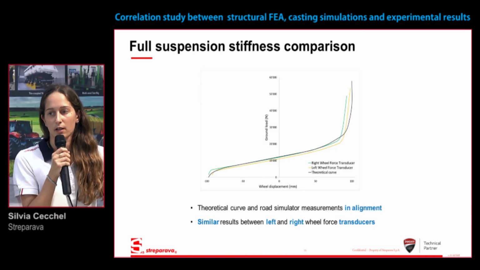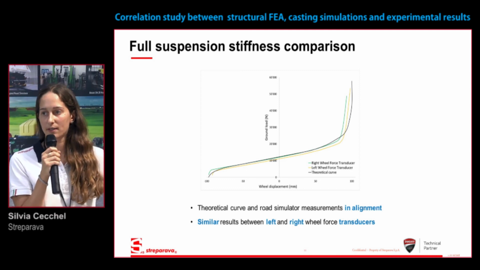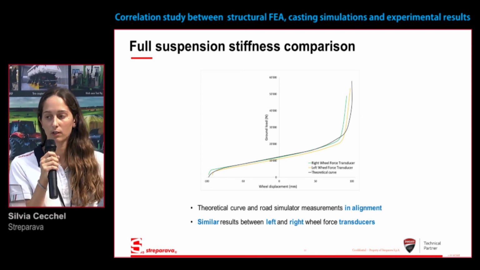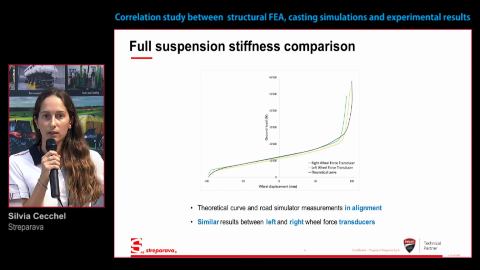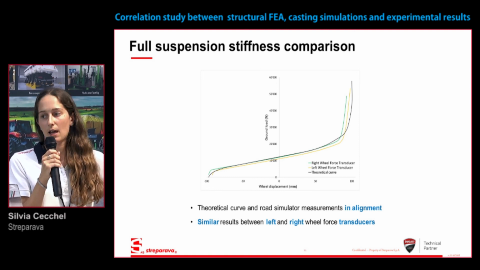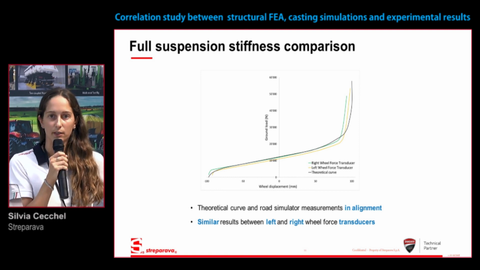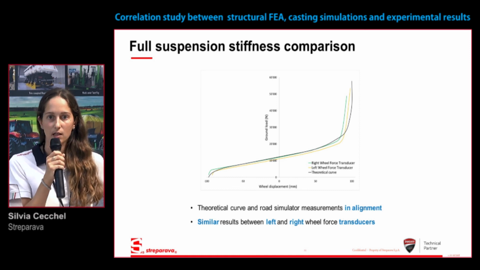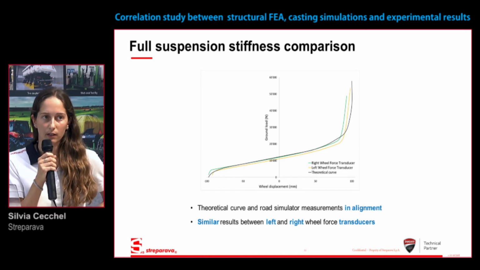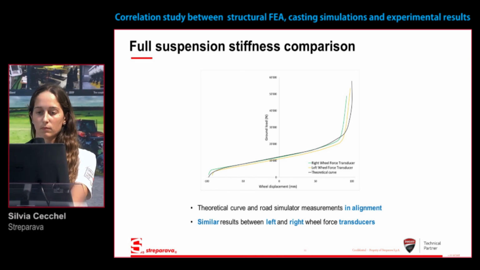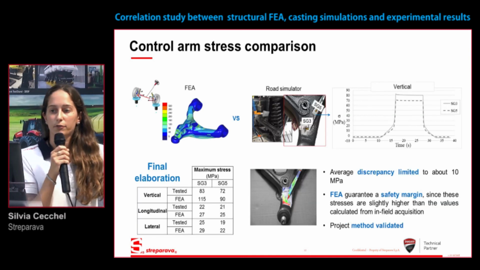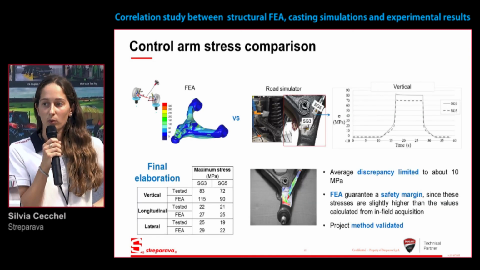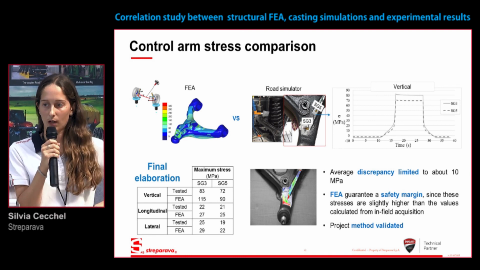So here are the first results about the comparison of the stiffness of the full suspension. We can see in black the theoretical curve, and the other two curves are related to the right and left wheels. We can see that they are in agreement. And finally, the comparison about the stresses acting on the control arm.